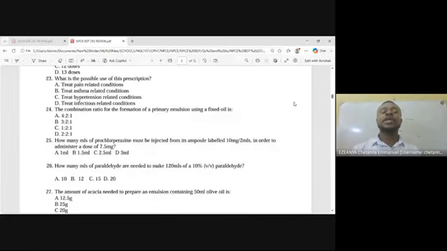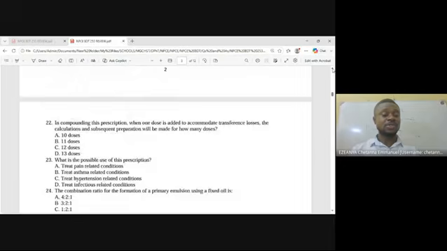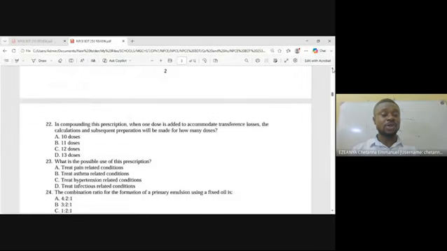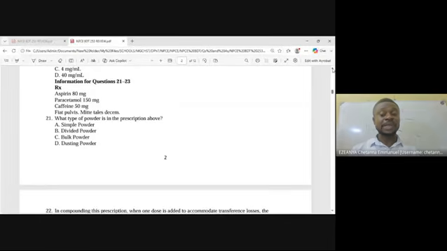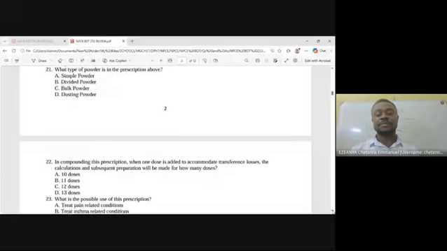Because in as much as you're not writing BDP, you're not writing practicals, some of the questions you see in BDT are practical oriented. Like this question, 21 to 23 are practical oriented. These are what you did in your divided powder practical.